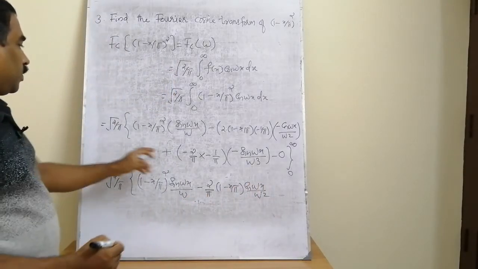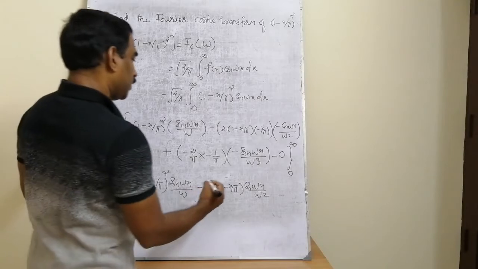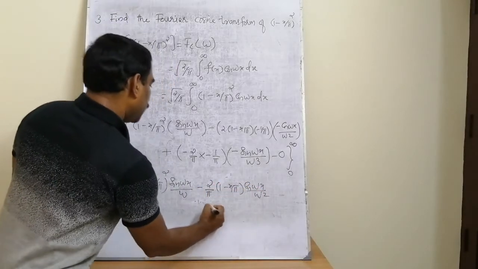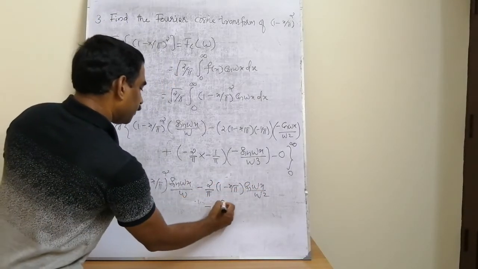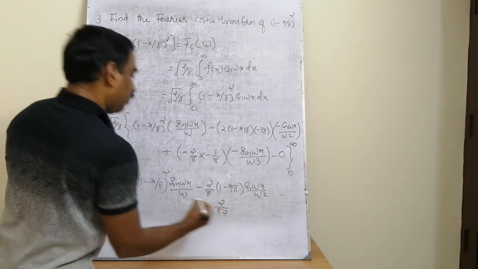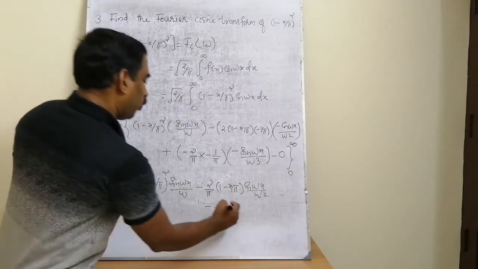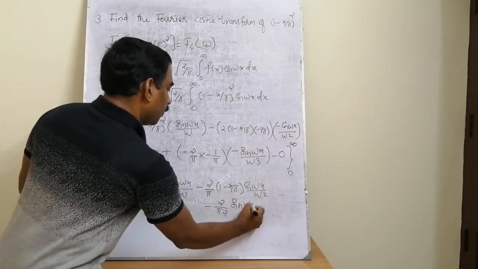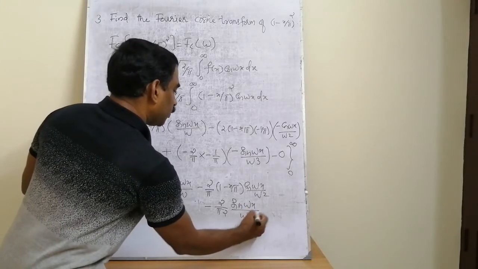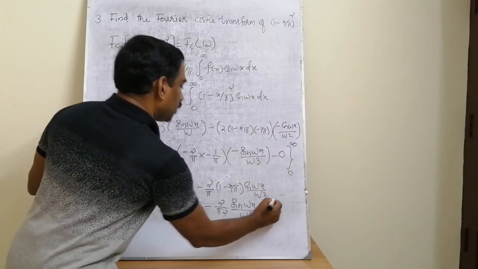And what is the third term? Here are 3 minuses multiplying. So again we have minus 2 by pi square into sin omega x by omega cube, within the limit 0 to infinity.